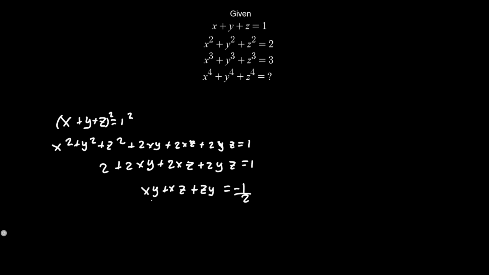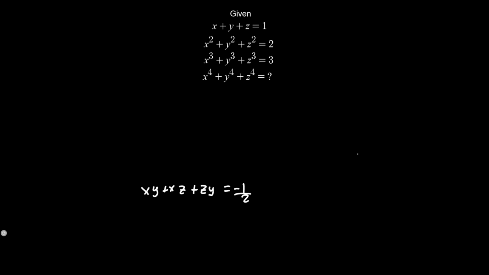So xy + xz + zy is equal to -1/2. We will keep that, which will become handy for us.